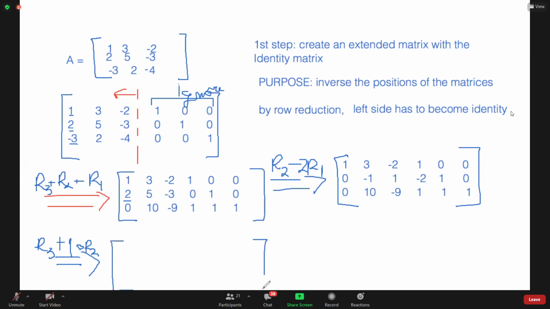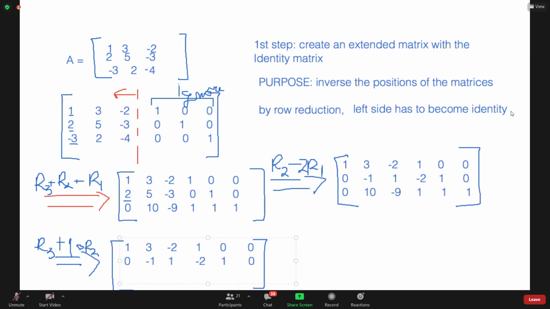And again, the matrix. Row 1 is not changed, so I have 1, 3, -2, 1, 0, 0. Then row 2 is not changed, 0, -1, 1, -2, 1, 0.